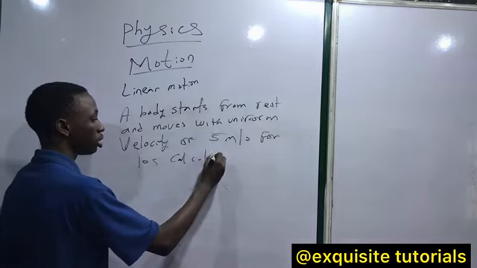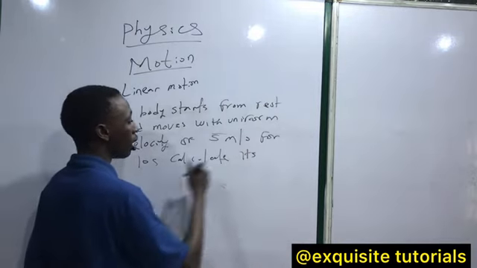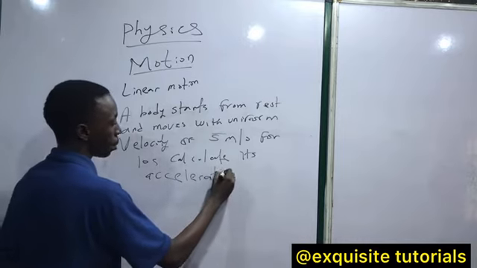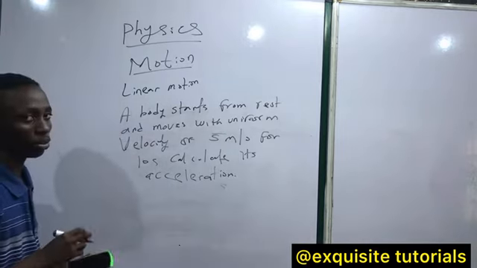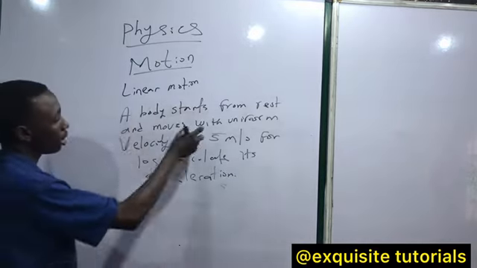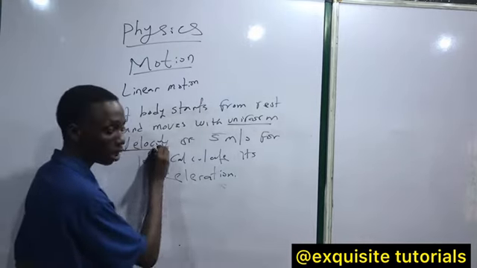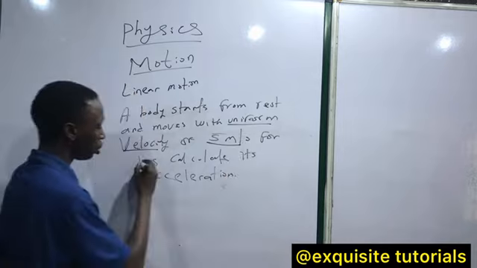Calculate its acceleration. Now this question is very similar to the first, but note I said a body starts from rest and moves with uniform velocity of 5 meter per second for 10 seconds.